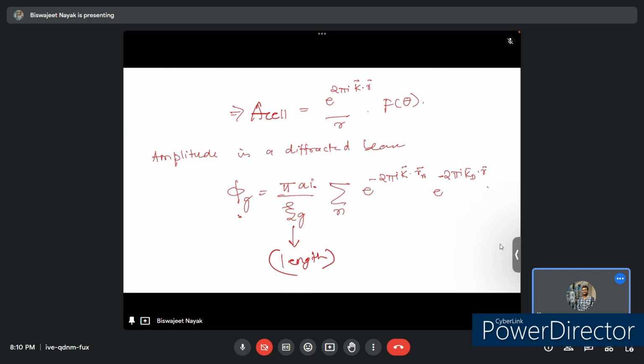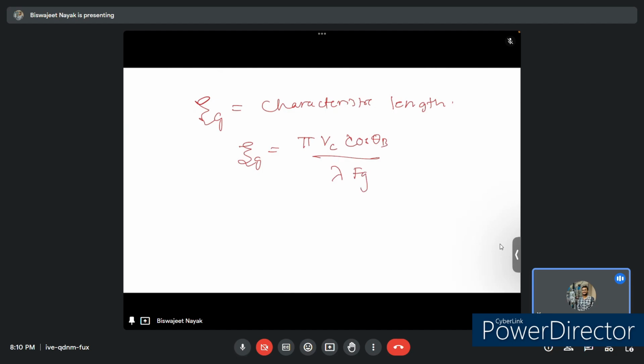This xi_g is also called the characteristic length for diffraction vector g, and is given by pi Vc cos theta_B over lambda F_g, where F_g is the f(theta) for reflection g.